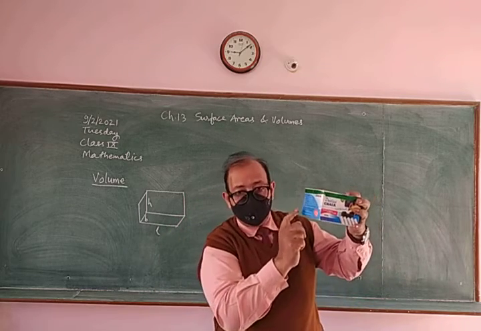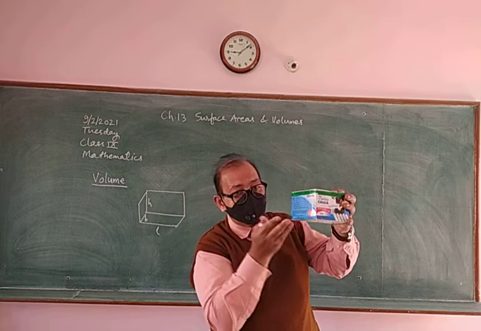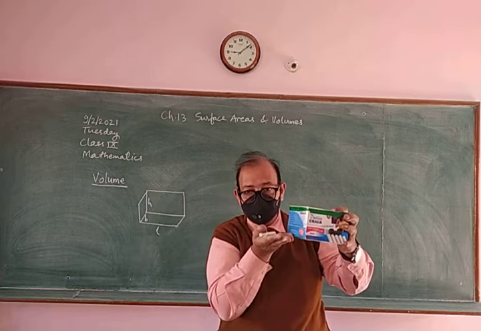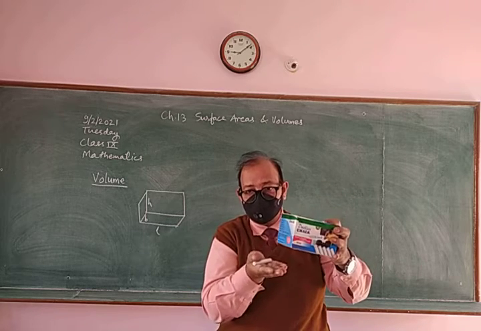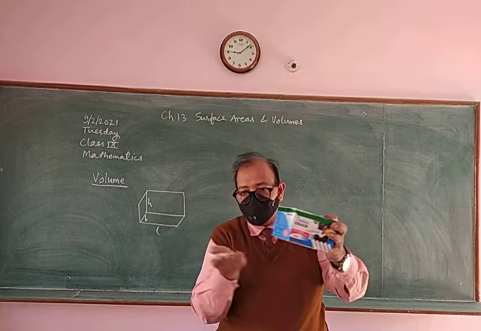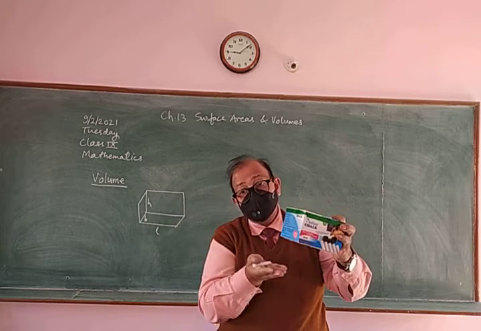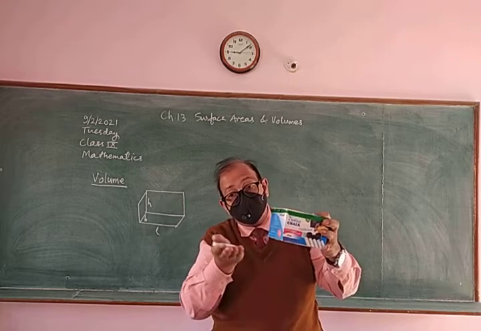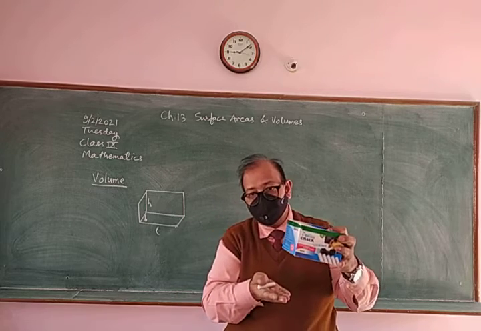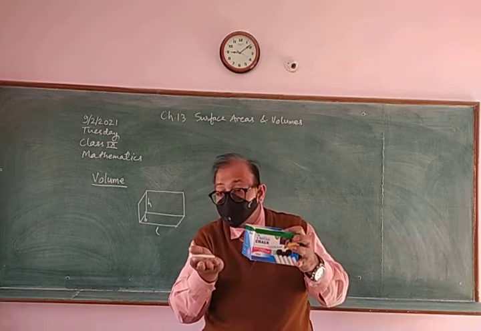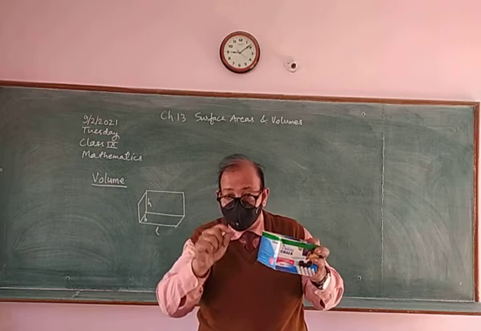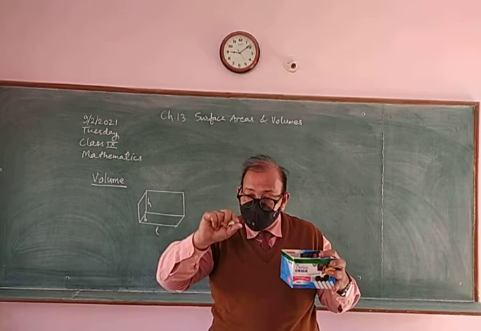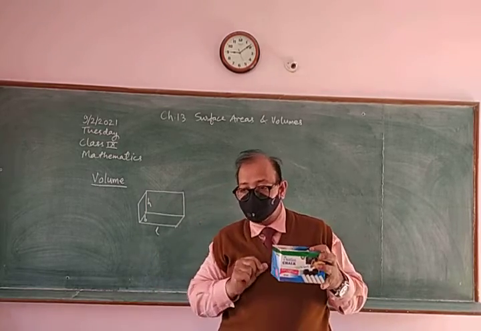Okay. Now what I am doing? I am making slices of this cuboid. Small slices. Have you seen potato slices? Yes. And now I make very thin slices, whose height is negligible.